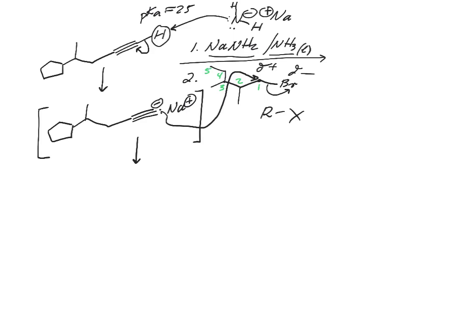So we have 5 carbon atoms in the longest continuous chain of the electrophile. And the product will be our cyclopentyl, triple bond, methyl group.